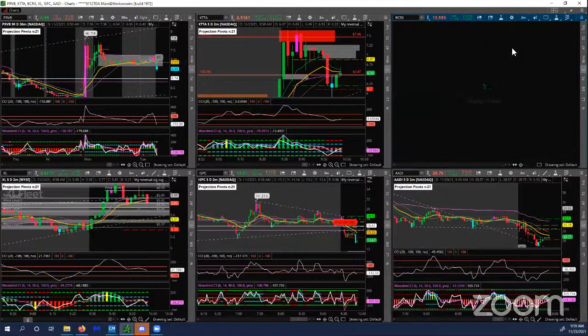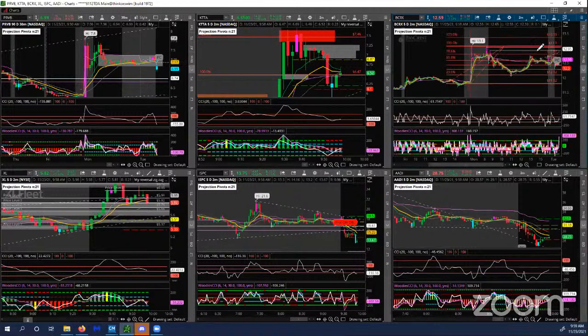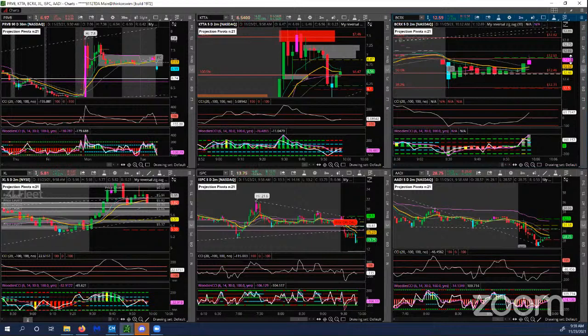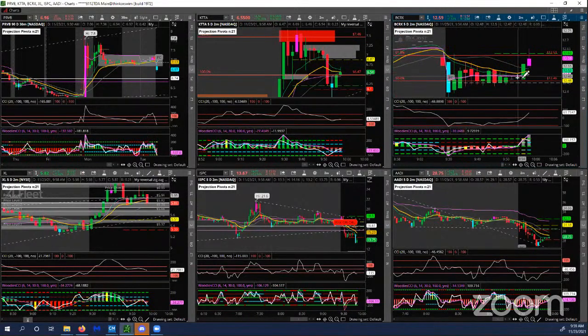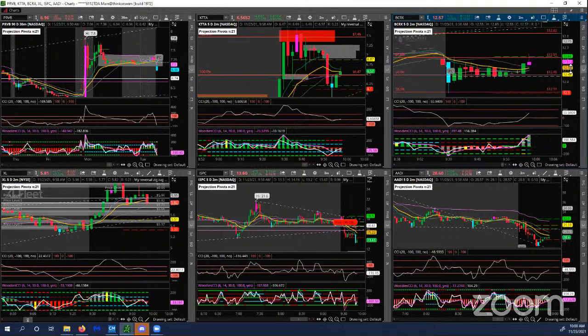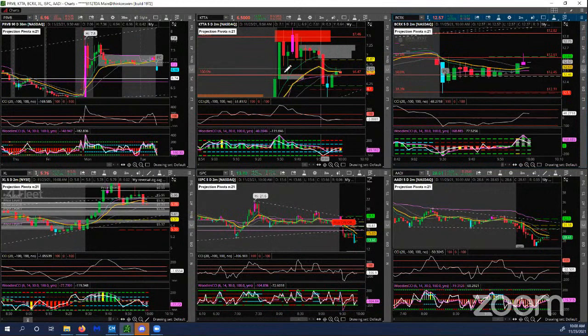And on the 2-minute chart, we just broke back above the 15 EMA. But this is still going to be just one of those slow grinders, but has a pretty decent potential if we can flag off the 15 here.